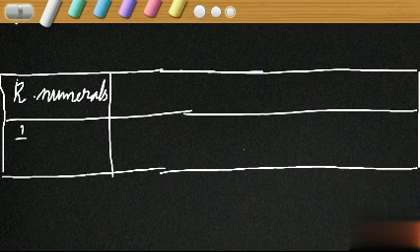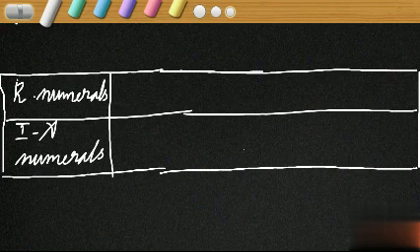And above you write Roman. Since there is no space, due to lack of space, let me write R numerals. But you should write Roman numerals. And here Indo-Arabic numerals. You should write like this. Don't write R numerals here. You should write Roman numerals and Indo-Arabic numerals.